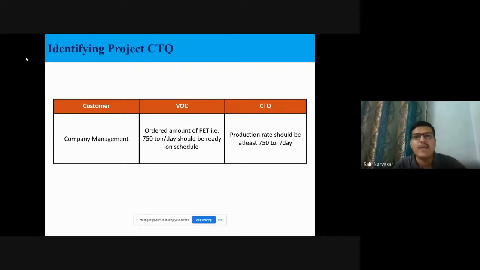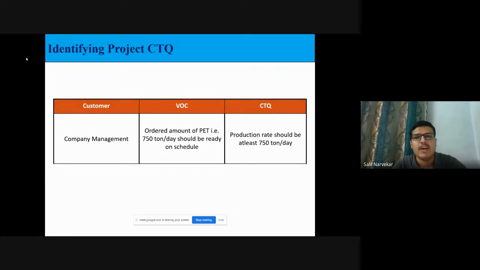Now, how will we get the CTQ? So we get the CTQ by the voice of customer. And the voice of customer is the company management, because company management are the people who are going to benefit if the production is increased. With the production increase, the finance of the company will get better. So it's the company management who is the customer.